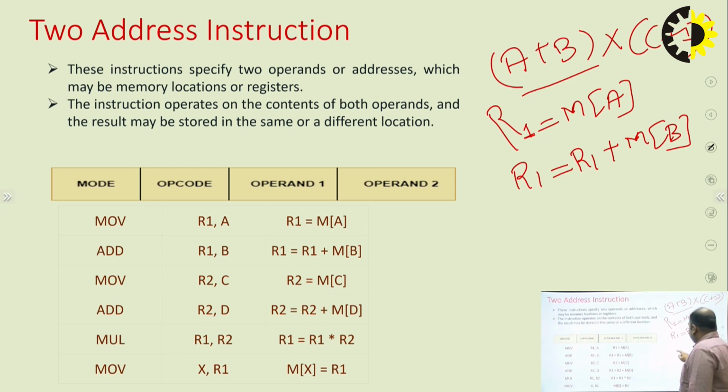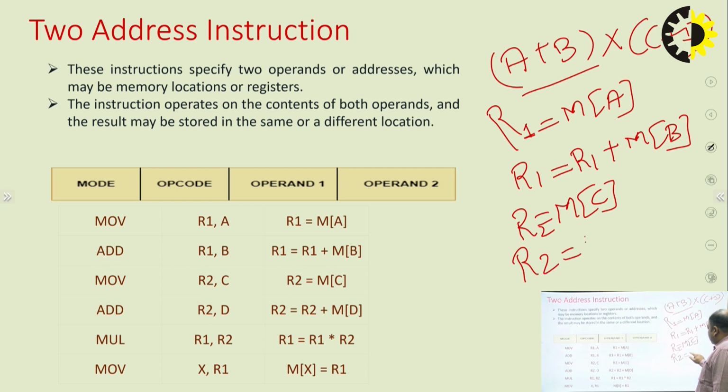Then for the second part we do the same thing. R2 is equal to the memory address of C, so the memory address of C is assigned to R2, and then R2 is equal to R2 plus the memory address or data of D. In this way we are executing through a 2 address instruction, in which we have to move, and we do not directly execute our instruction A plus B into C plus D. The output will be the same.